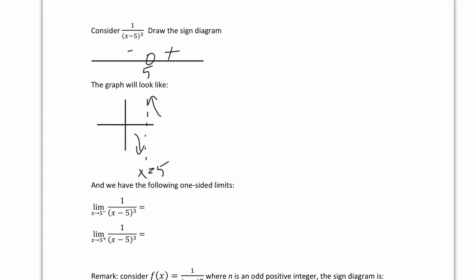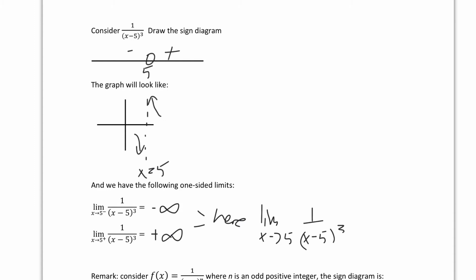And then for the limits, as x approaches 5 from the left, you can clearly see it's negative infinity. And here it's positive infinity. Of course, the overall limit as x approaches 5, not going from the left or from the right, just the overall limit, does not exist because negative infinity and positive infinity are not equal.